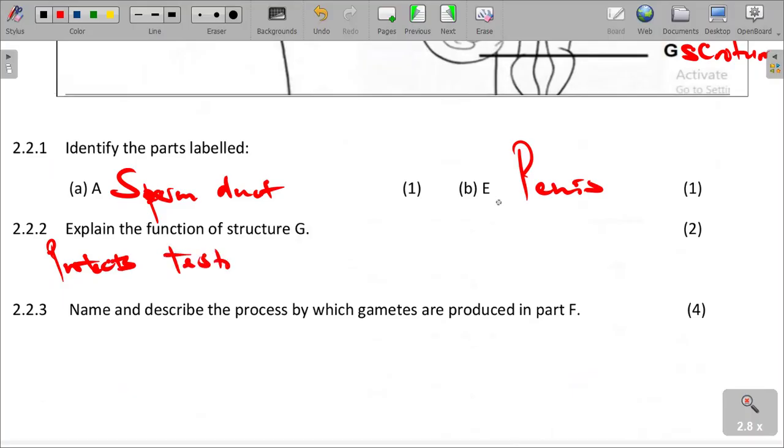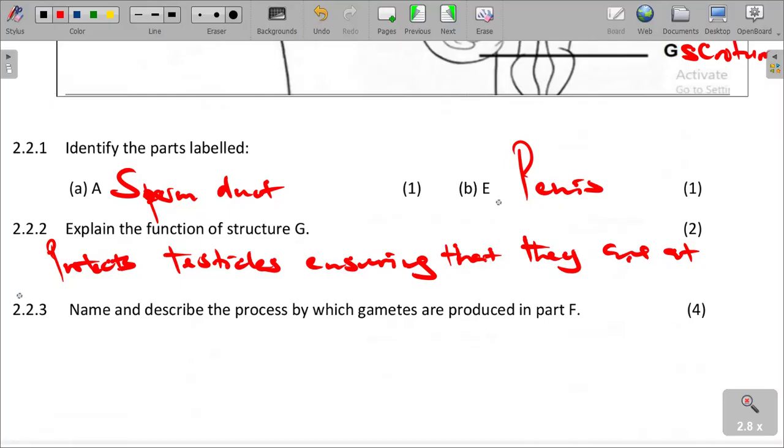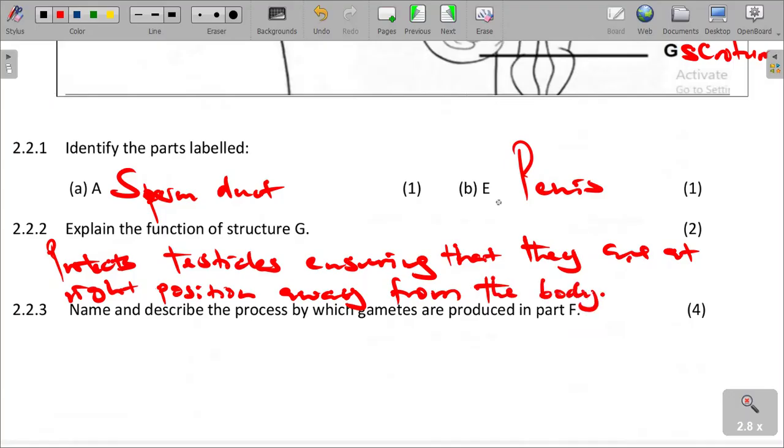It protects the testicles, ensuring that they are at the right position away from the body.